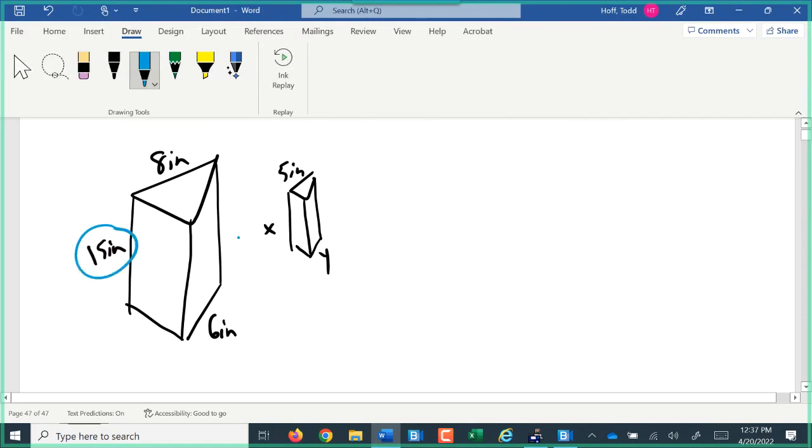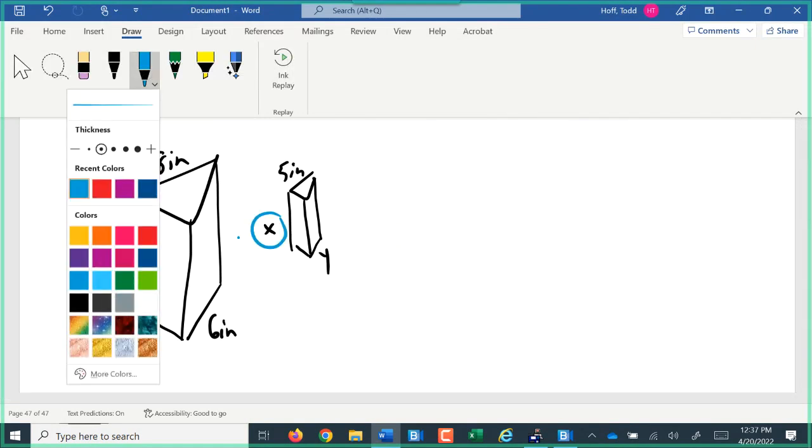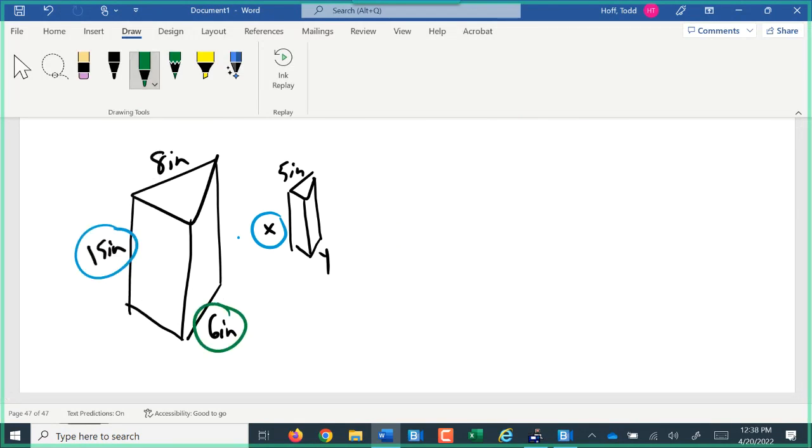Which side corresponds to the 15 from the other figure? X. Which side corresponds to the 6? The Y. And corresponding to the 8? The 5. Well, we obviously have a pair we have both numbers for, which is the 8 and 5.